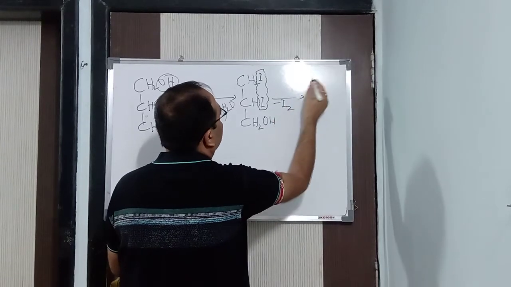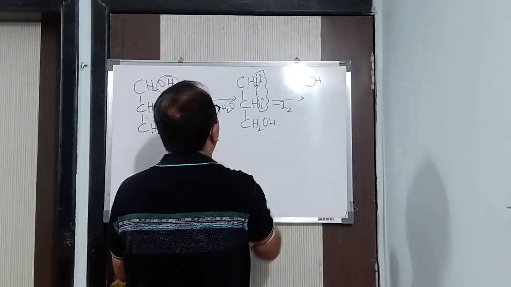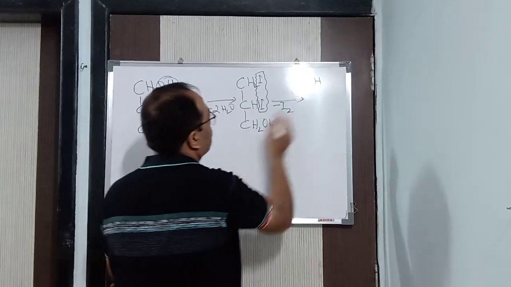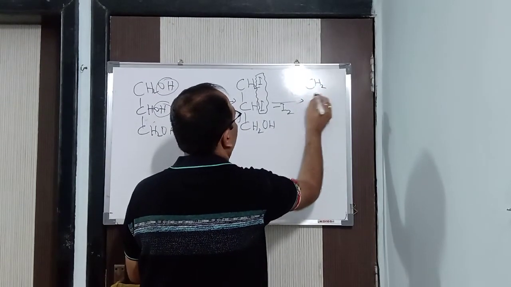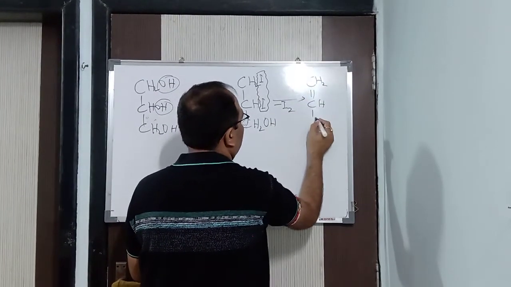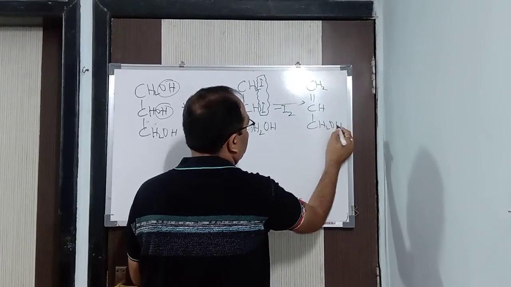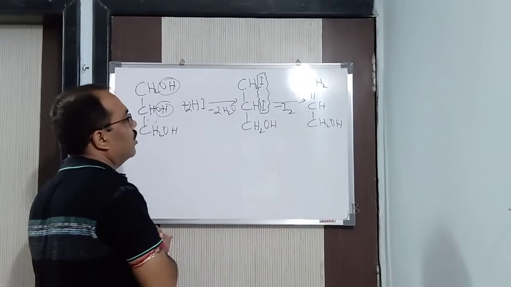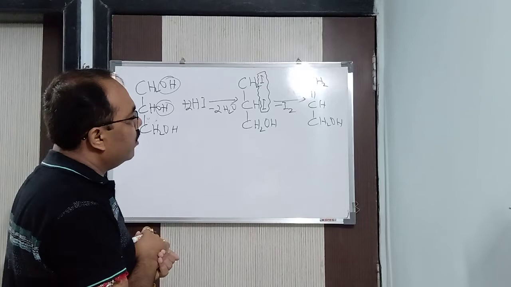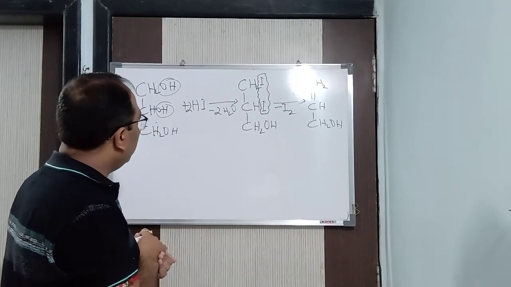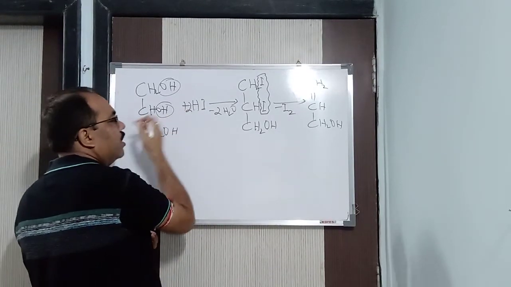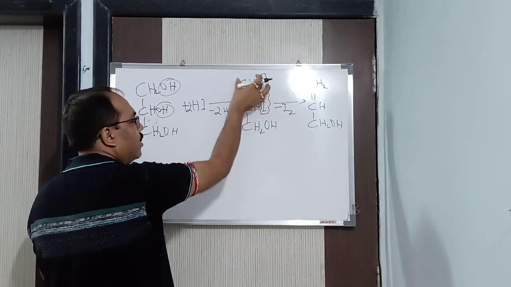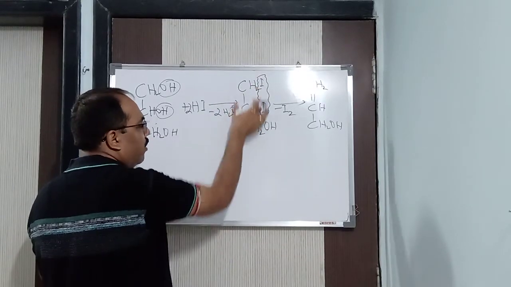I will be getting CH2 double bond CH, single bond CH2OH. We got it: 2 iodines are released and we get allyl alcohol. Now remember it, if you can, in the first step, as I have done, 2 OH, 2 iodine and 1 OH is taken.